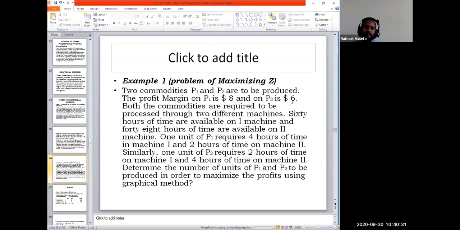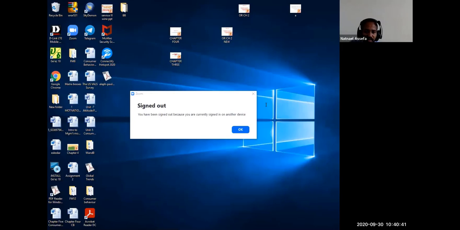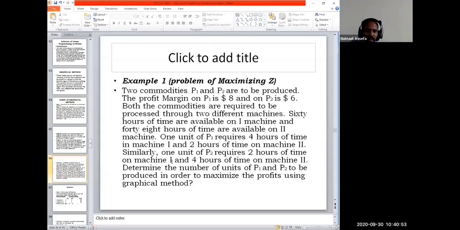P2 requires 2 hours on machine 1 and 4 hours on machine 2.